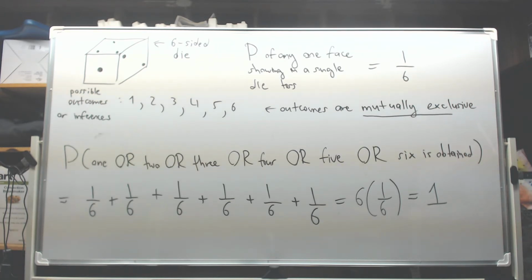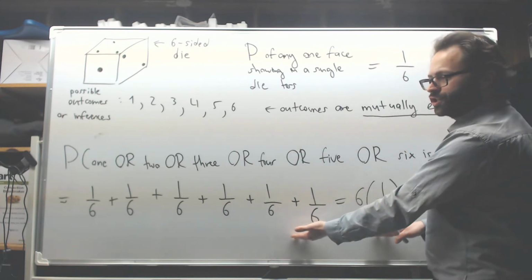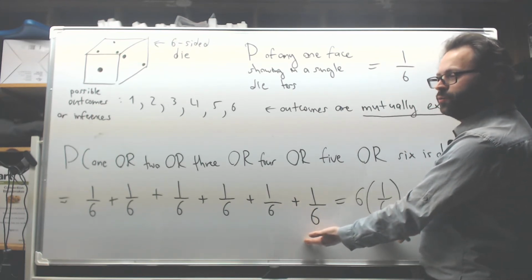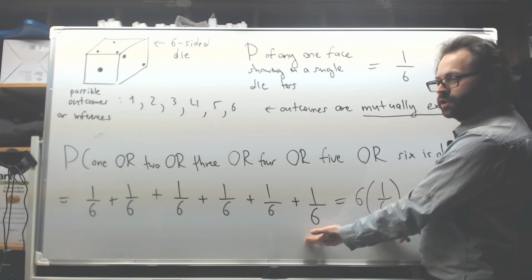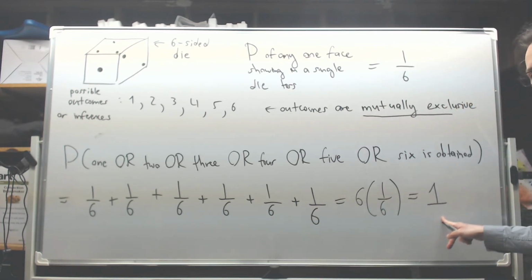When we sum all the mutually exclusive outcomes, or said another way, when the inference that we are asking the probability of is what is the probability of obtaining any one of the possible mutually exclusive outcomes, and if our inference is exhaustive in the sense that it asks for any one of the possible outcomes, it exhausts the sample space, the total probability is 1.